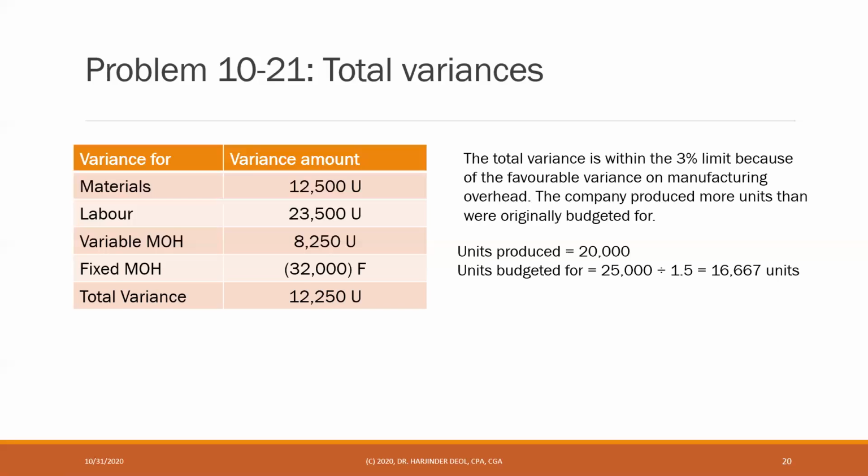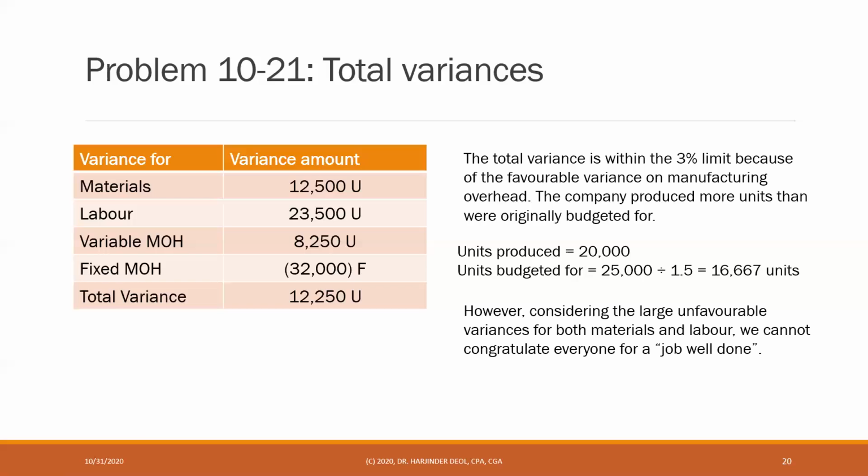If that hadn't happened, we would not have had a favorable variance on account of the volume. If you take away the $30,000 favorable volume variance, then the total variance turns out to be a much bigger and unfavorable number. So we have to keep that in mind.